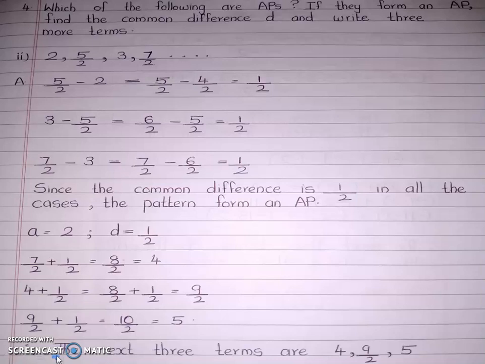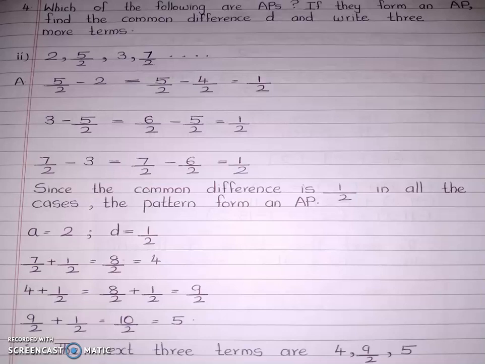If it is an arithmetic progression, you have to find 3 more terms in this. Clear? So in this main question, you have 15 sub questions in your textbook. Here I am describing only the difficult ones. In the notebook, I am giving you the whole 15 answers. You can cut short and write the answers in your notebook.